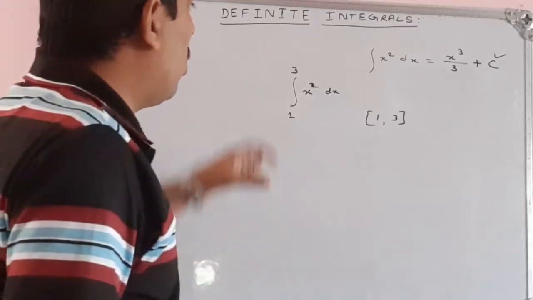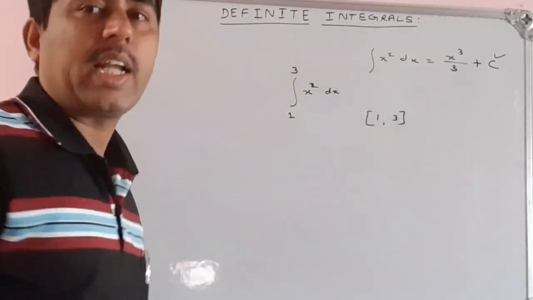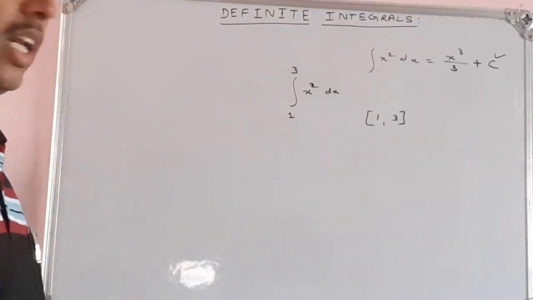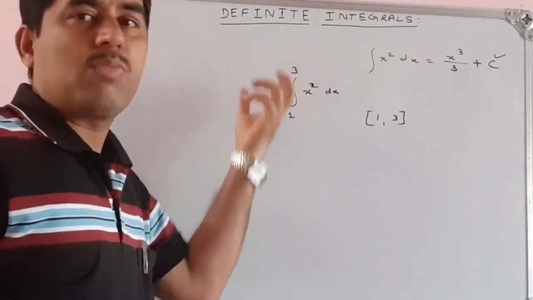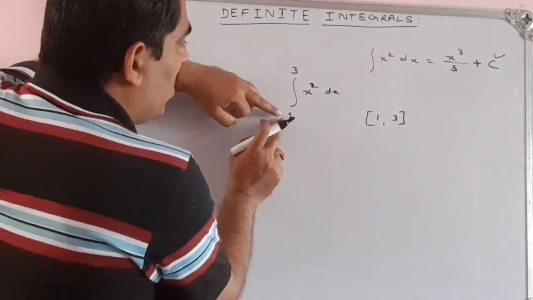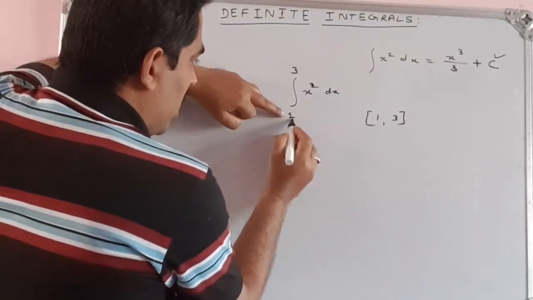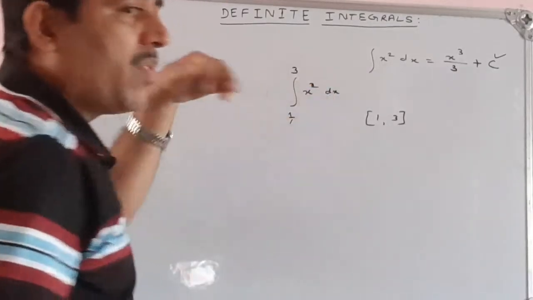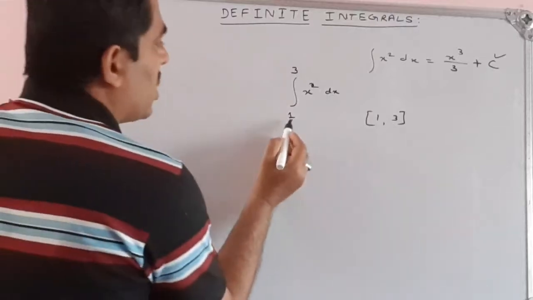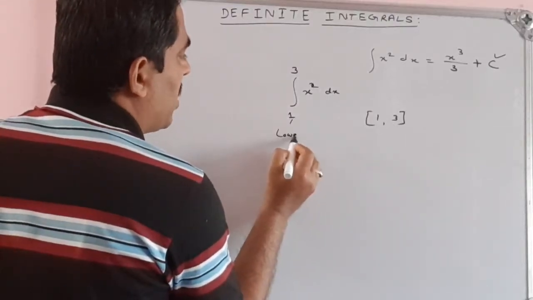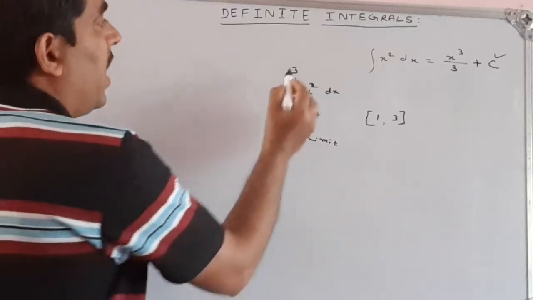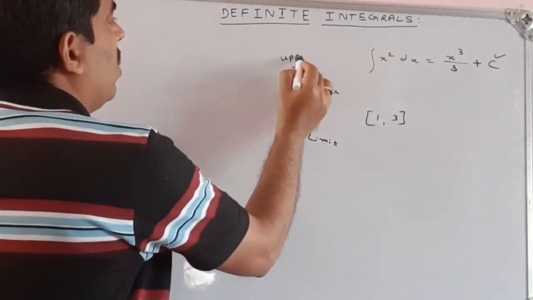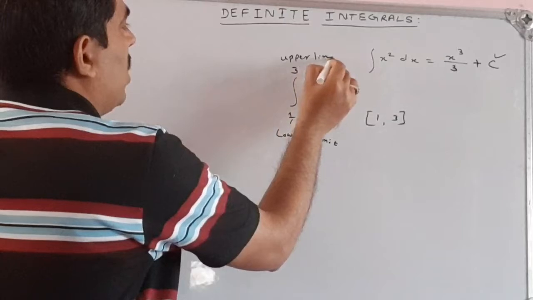Generally the question comes: how do you calculate definite integrals? To calculate definite integrals, first observe the numbers. These two are generally called limits. This is called the lower limit, and this is called the upper limit.